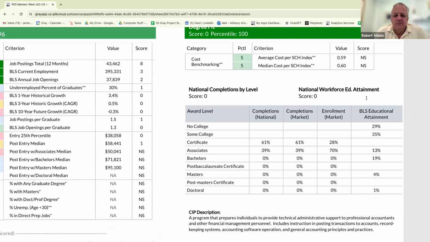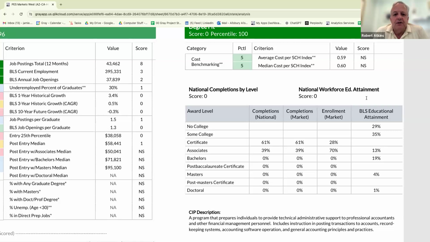And mostly certificates and some associates, well, a good slug of associates. Educational attainment of people who do this job, many of them actually have no college or some college. Between the two of those, we're at 64%. So this is a field people can get into without having to have a full degree. So that makes that certificate pretty attractive. Associates and bachelors, 13 and 19% respectively.